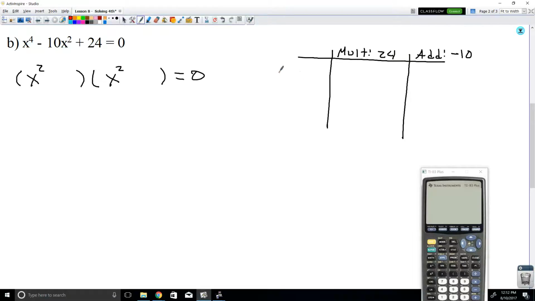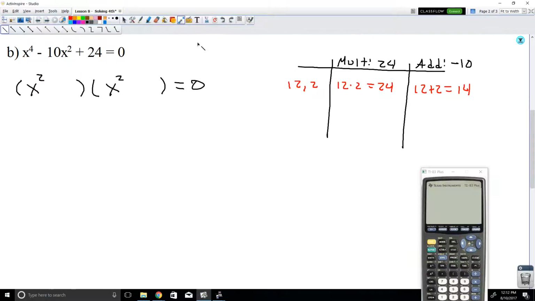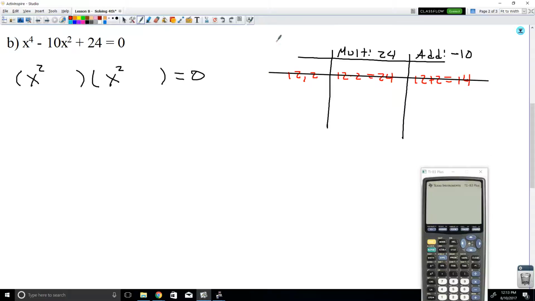So this is where you start thinking, well, how about 12 and 2? 12 and 2, if you multiply them, 12 times 2, this is equal to 24. But if you add them up, this is equal to 14. Okay, but at least we got the multiplication. So we know that 12 and 2 does not work. So I'm just going to scratch that off.